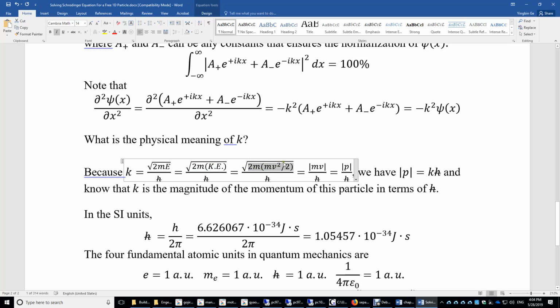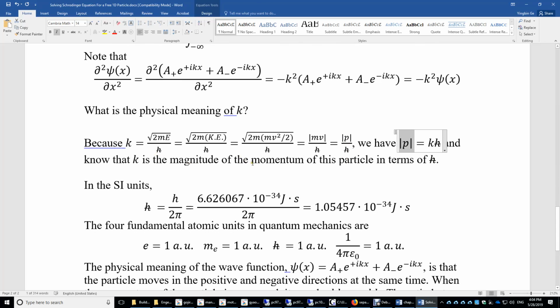And then we take the square root of that, we have the absolute value of mv, that's the absolute value of the momentum of the particle p. Therefore, p is equal to k h bar. And then we know that k is simply the magnitude of the momentum of this particle in terms of h bar. What is h bar?